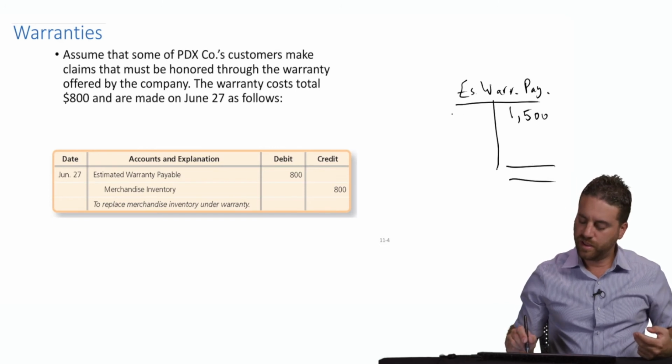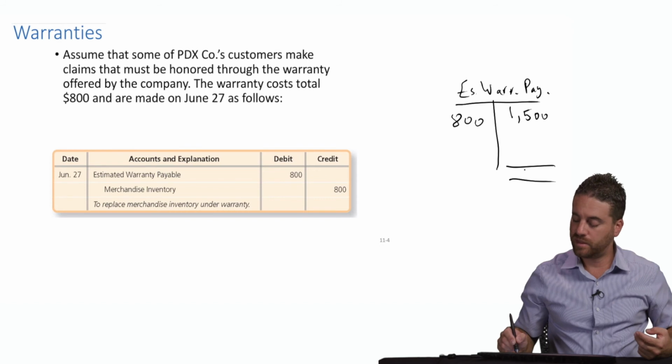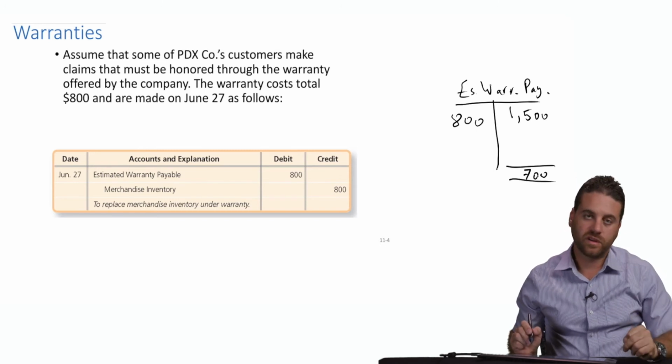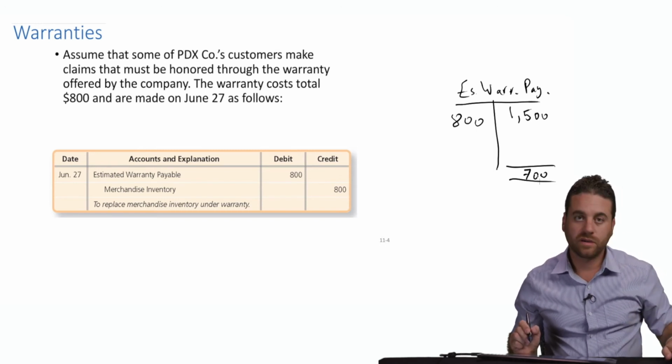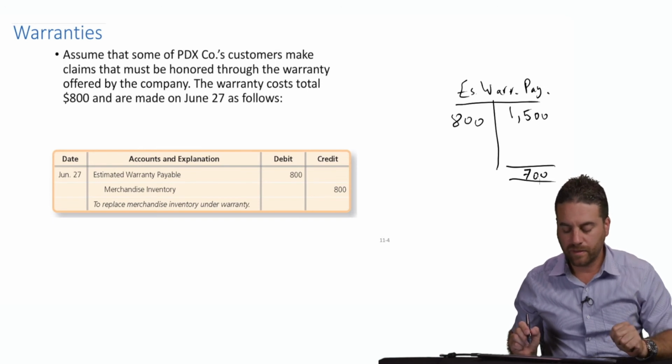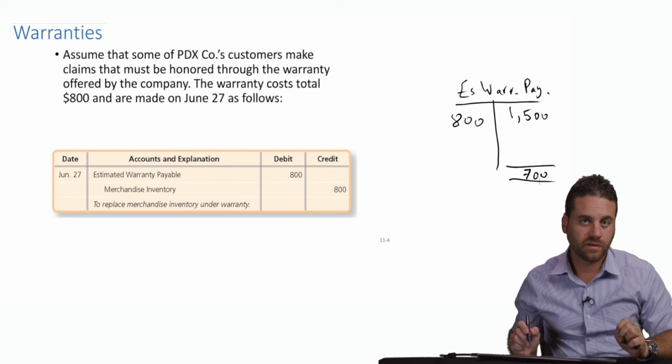Now that we used $800 of that, we debited $800, so my leftover balance in that payable is $700 that we're going to use in future warranty coverages for future customers for the sales that happened within the same period, the same month of June.